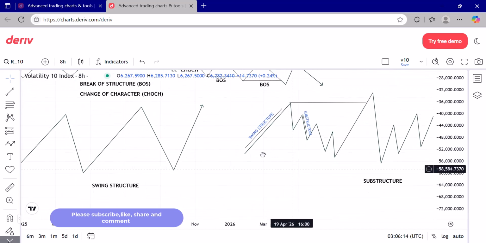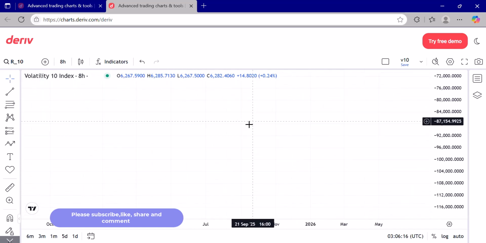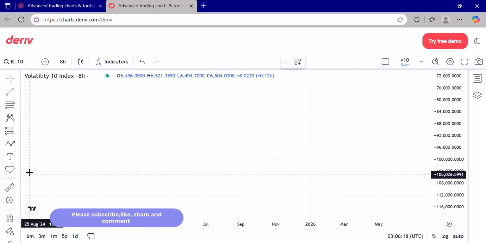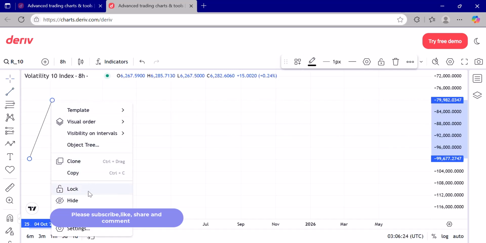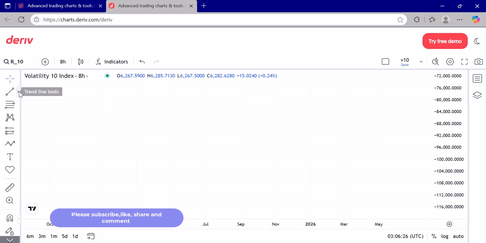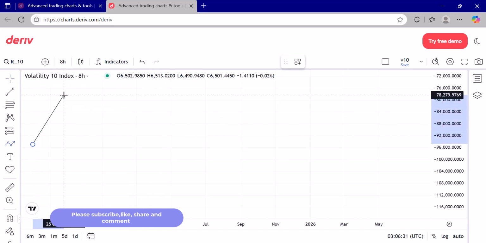So this is for a bullish market, and then if we have that of a bearish market, if we have something like this, bearish market, meaning the market is going down.